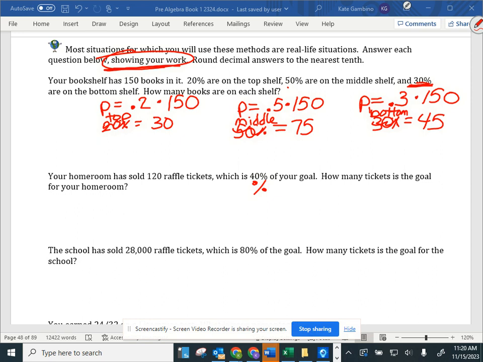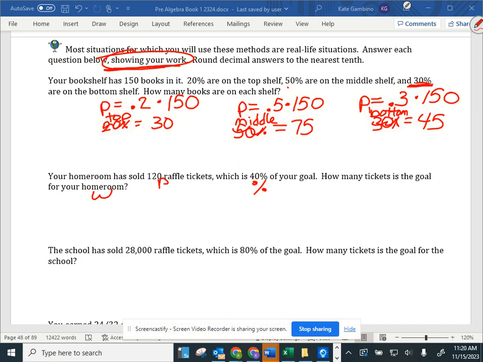So your homeroom has sold 120 raffle tickets, which is 40% of our goal. So our goal is going to be smaller or bigger than what our classroom has sold? Yeah, that goal is going to be bigger. So that is our whole.